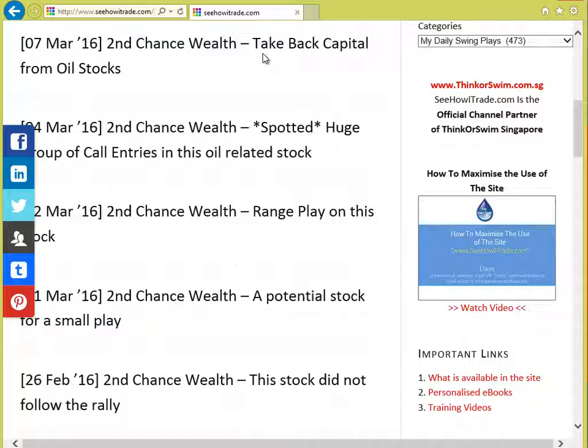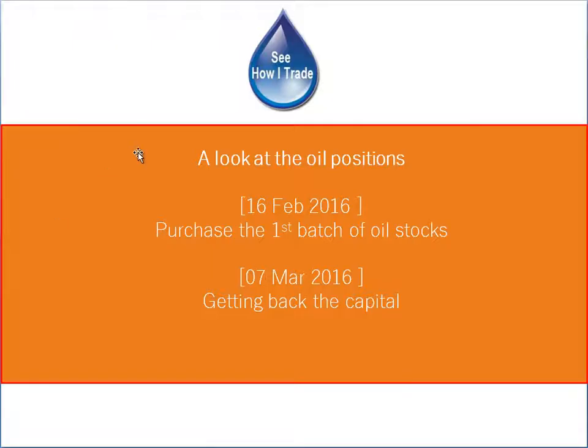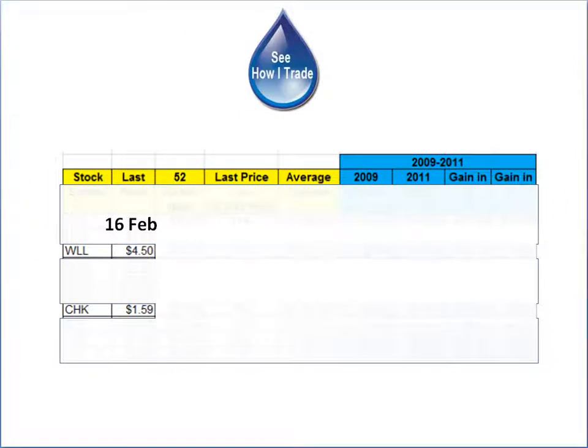So now I can deploy my funds into another group of potential stocks that I have found. Okay, now back to the slides on what are actually the two stocks from the top list. So let's take a look at these two particular stocks, WLL as well as the CHK. Let's take a look at the chart now.